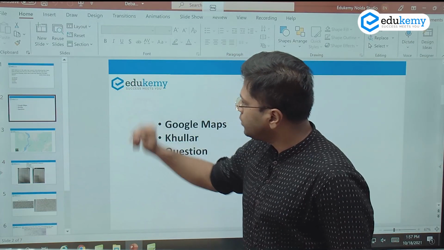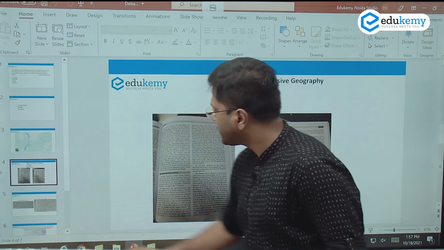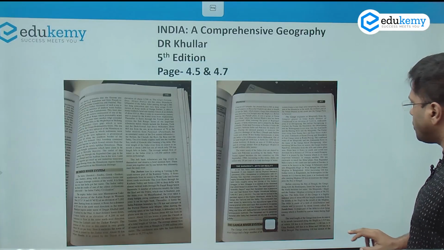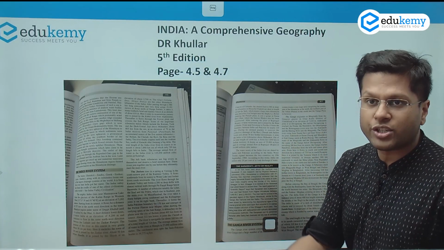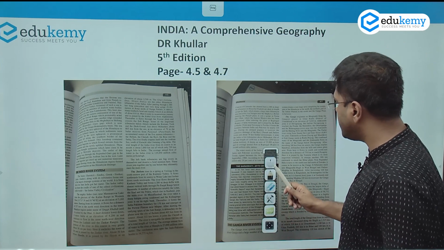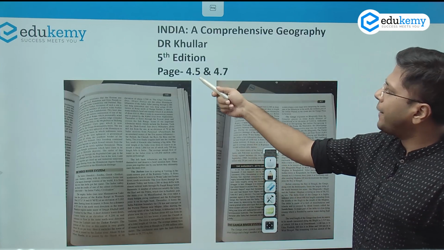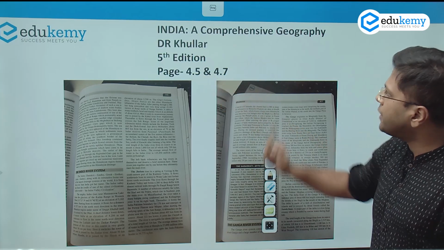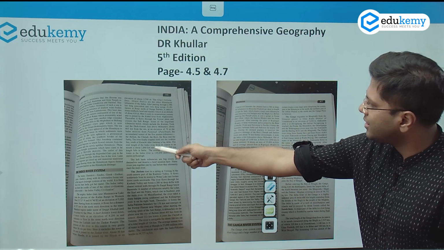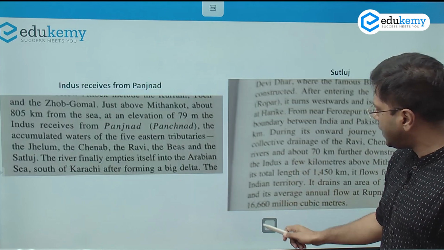Let us look into the standard book Khullar, right? The standard book that is also used to create questions by examiners. We are talking of the 5th edition of Khullar, and on page number 5 of chapter 4, it mentions clearly. I'll read out the segment.